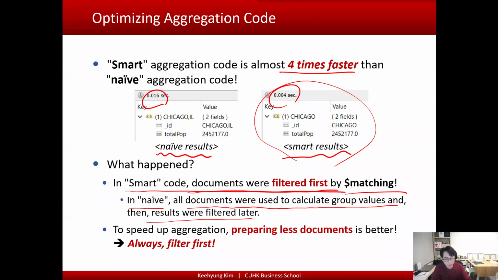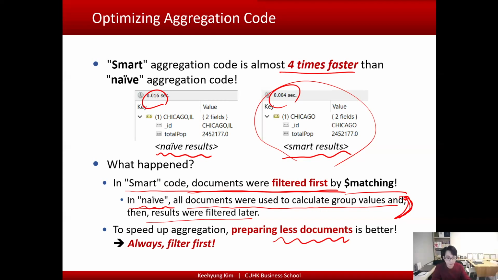We prepare fewer documents to calculate and do aggregation, and then with a smaller number of documents, we do the aggregation. However, in the naive code, we do aggregation for each city first. So we calculate and aggregate for each city, and then we find Chicago. So basically, more documents are used to calculate information, and then we find the result.